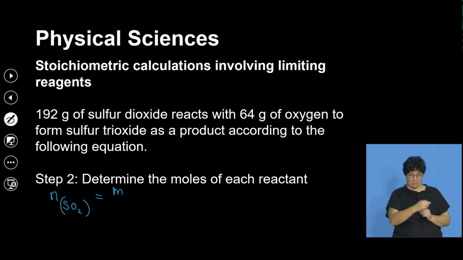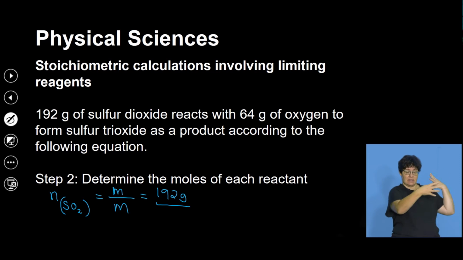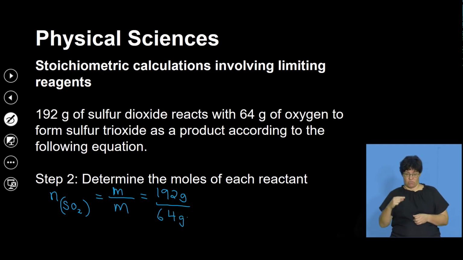If we go to our periodic table to get the molar mass of sulfur dioxide, we know sulfur is 32 and oxygen is 16. So we've got sulfur, which is 32, then 16 times 2, another 32. So this is actually 64 grams per mole.